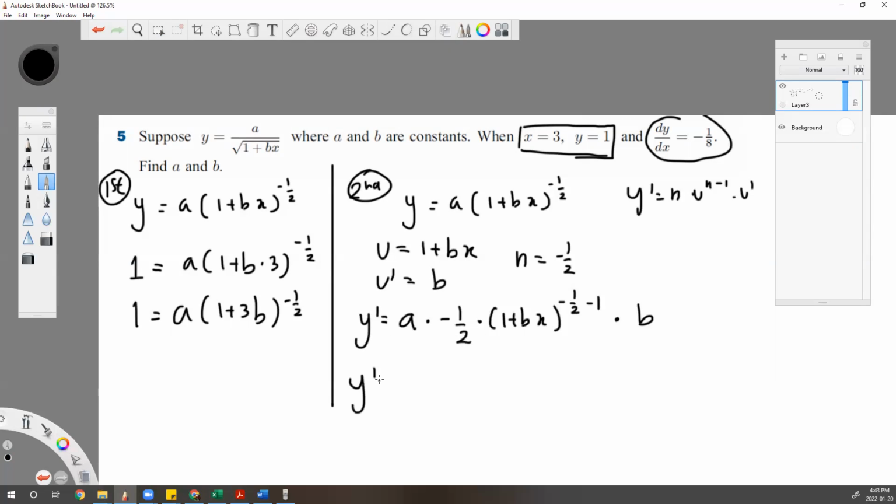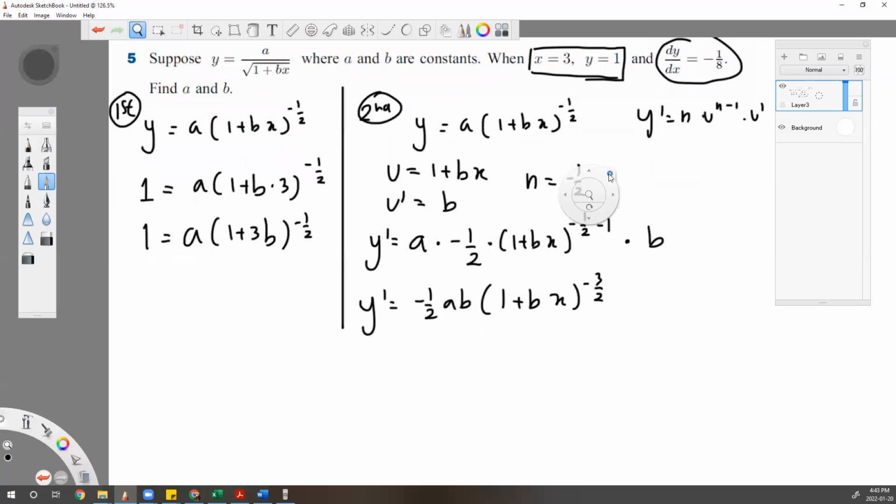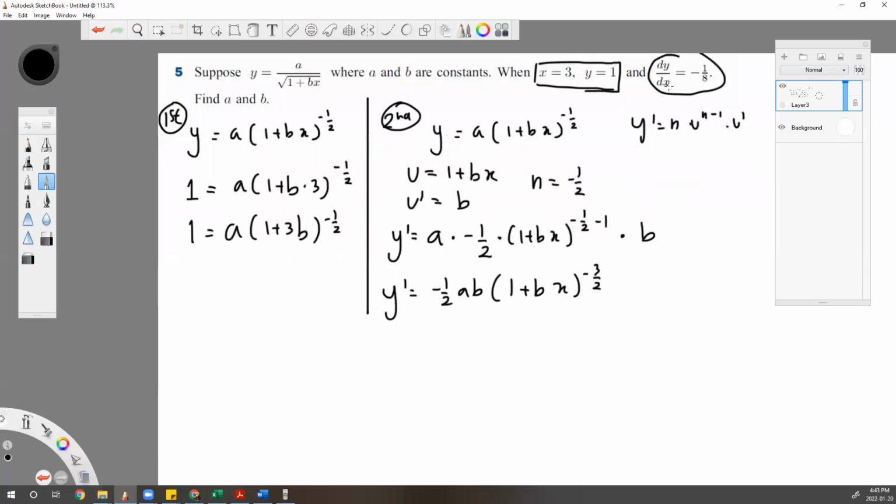So negative half ab times 1 plus bx power negative 3 over 2. Okay, so next, dy dx equals negative 1 over 8.